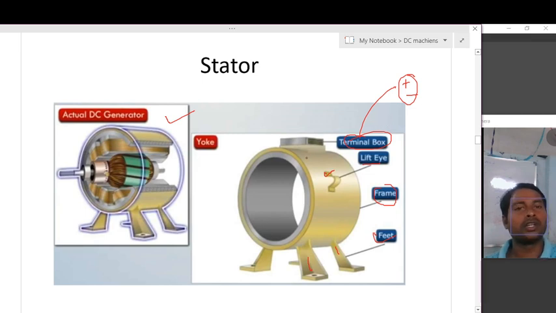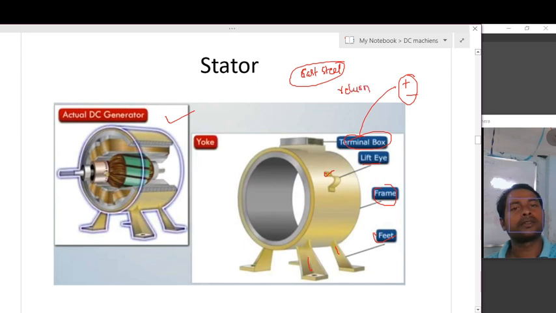Now the function of the yoke. The material used is silicon cast steel, which is used to construct the yoke, and the yoke acts as a return path to the flux.